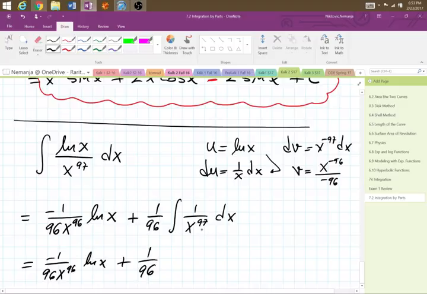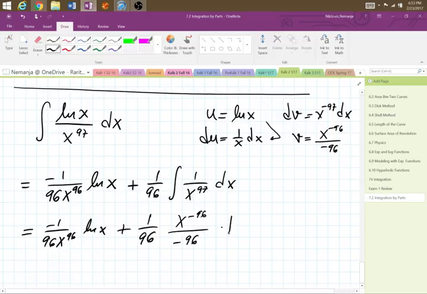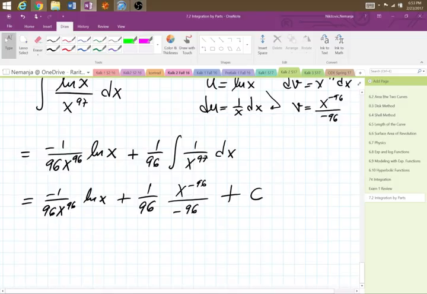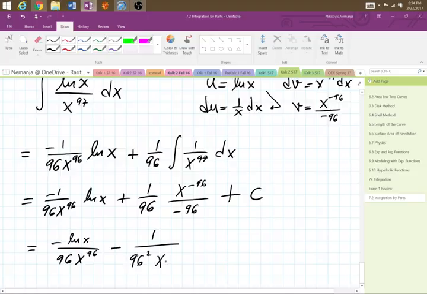That's negative 97, negative 96, so it goes like this. So negative ln x over 96 x to the 96, minus 1 over 96 squared x to the 96, plus c.